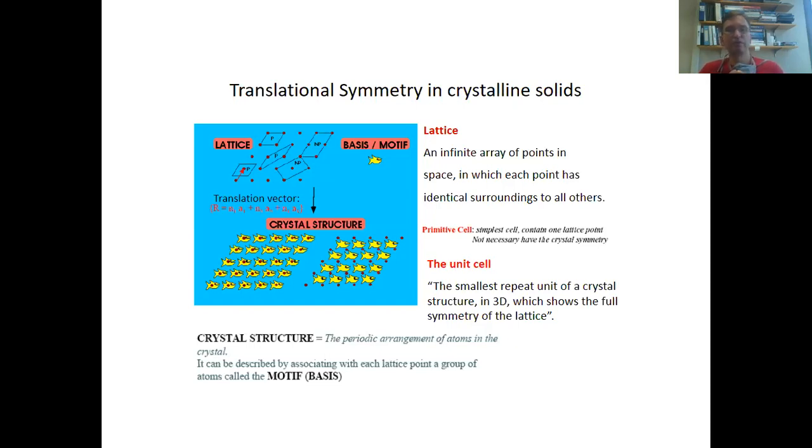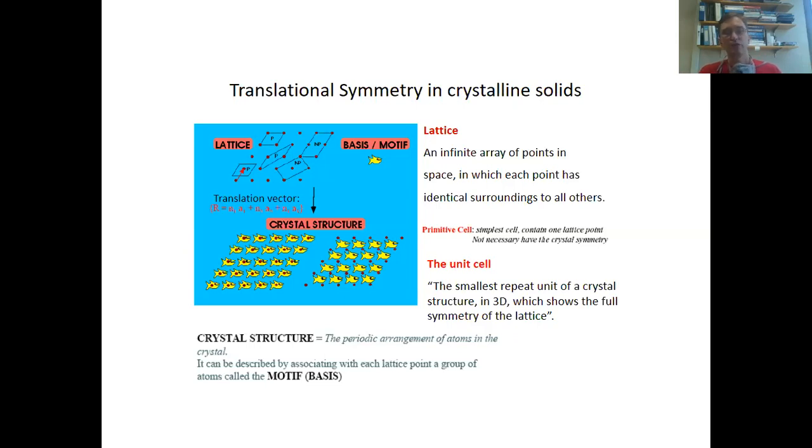Both are repeating units within the lattice. To describe the entire crystal structure, we only need to add the unit cells next to each other in all three dimensions, and these additions produce the entire crystal structure.